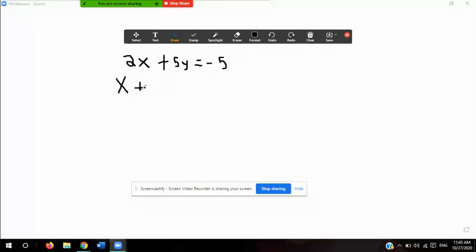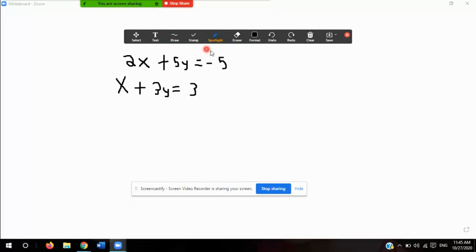So pretty much what's going to happen here is the first step is to solve for one of the variables. I can solve for x or I can solve for y. If you decide to solve for either x or y, you will not have a different answer because they're linear. You're going to get the same answer.